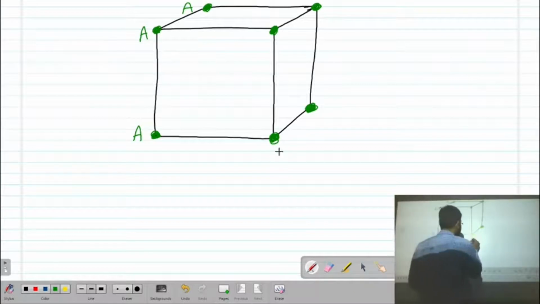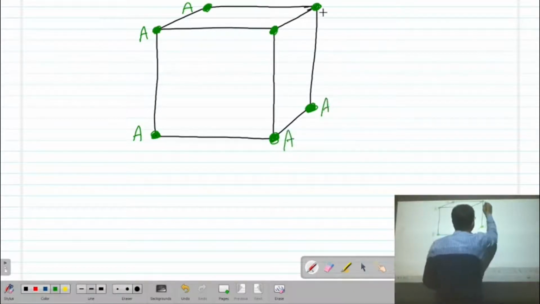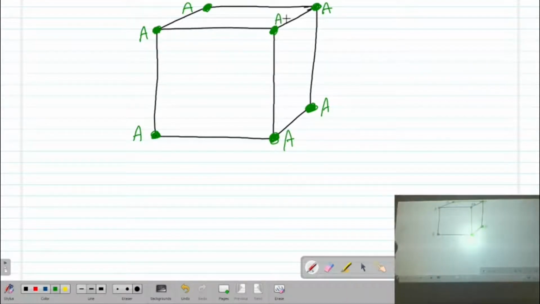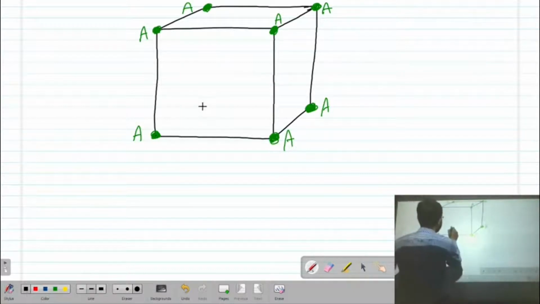And we will also see in which direction it is.